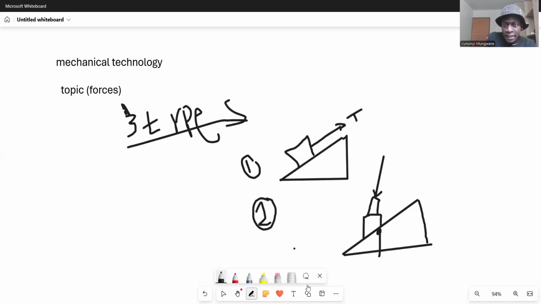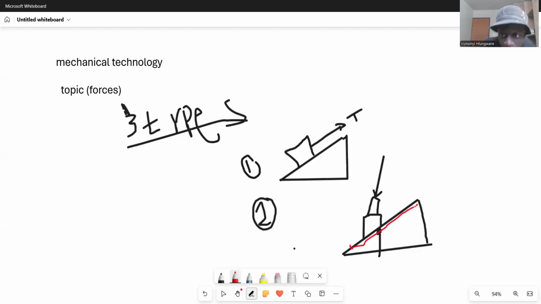Remember, this is our surface. If we have a surface like this one, let me use another color. This we can call the surface, on top of the red one.